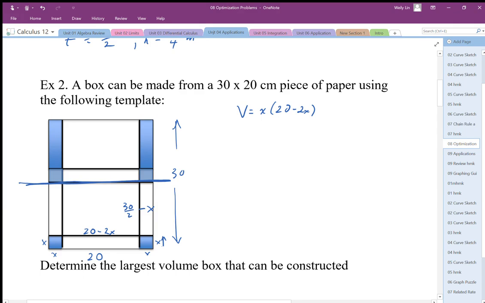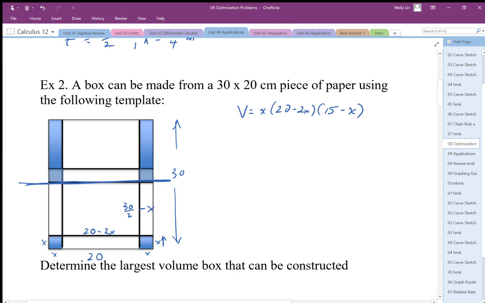So that's going to be my other edge length. It's going to be 15 minus not 2x but 1x. Let me make sure I got that right. Yes, I've got my length here. So there's my volume formula.